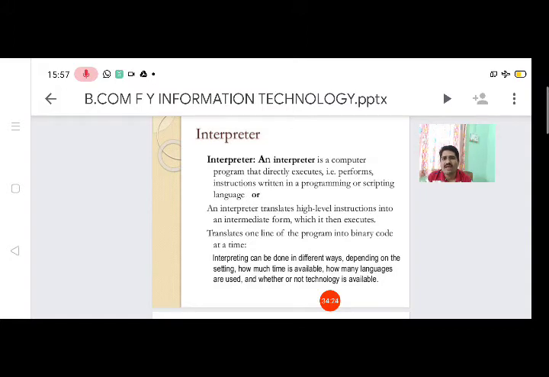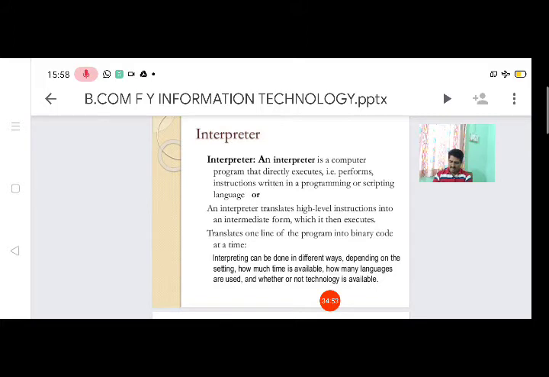It translates one line of the program into binary code at a time, and interpreting can be done in different ways depending on the setting, how much time is available, how many languages are used, and whether or not technology is available.